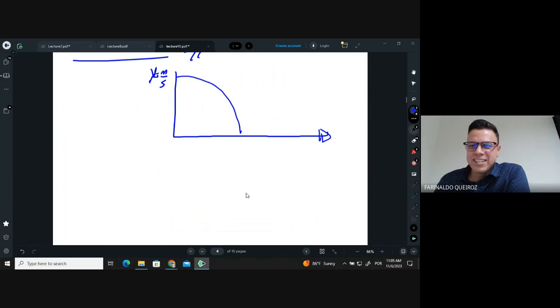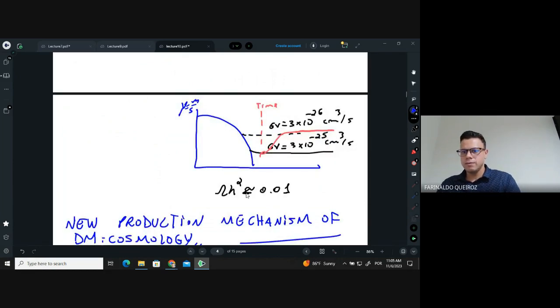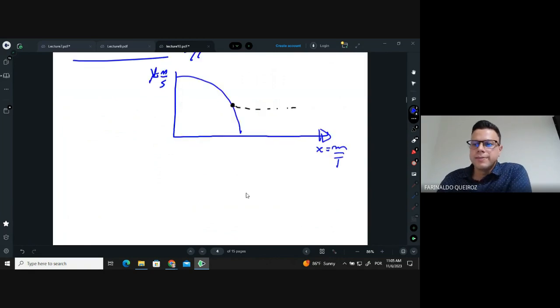And look at this scenario. Let's say in the standard freeze out scenario, that's what I get, where the freeze out happens, and this is x equal to m over T, the same way it was up there. Remember, this freeze out happens when gamma is equal to H, H being the Hubble rate and gamma the interaction rate.